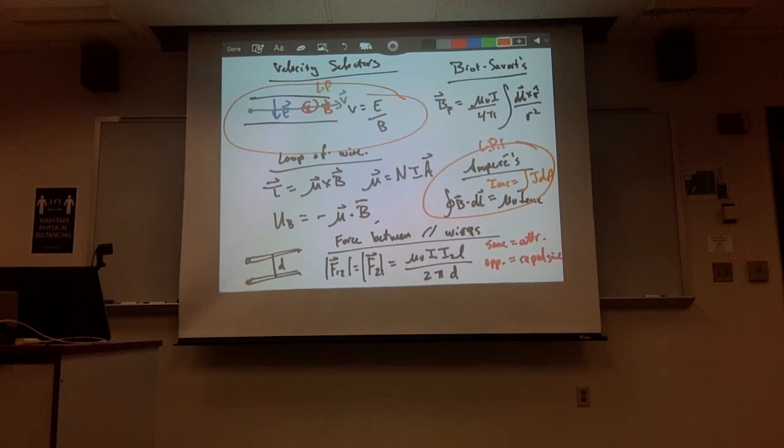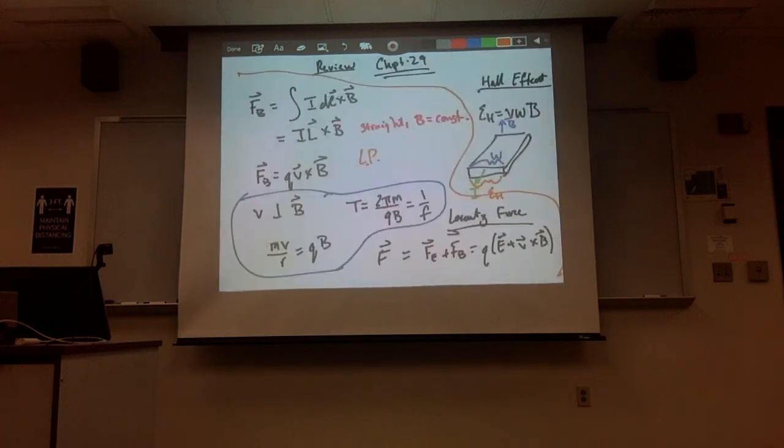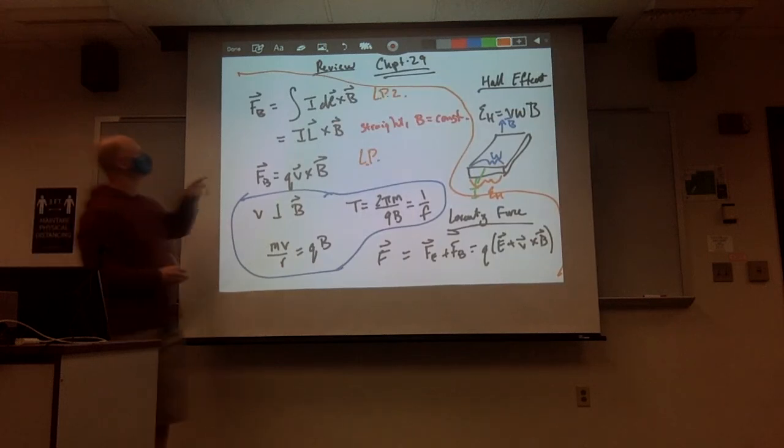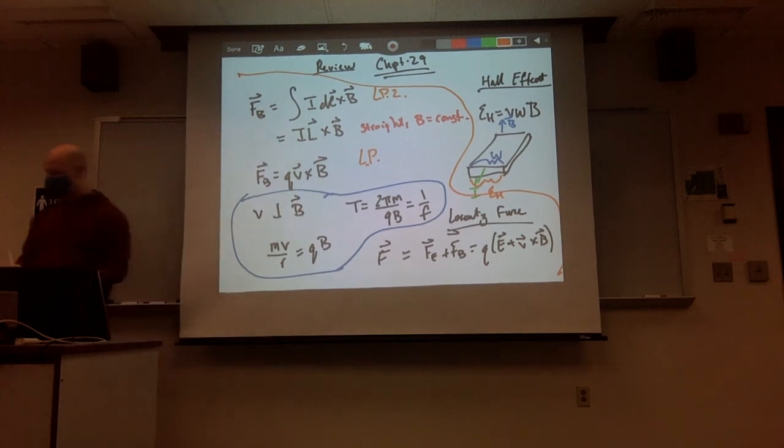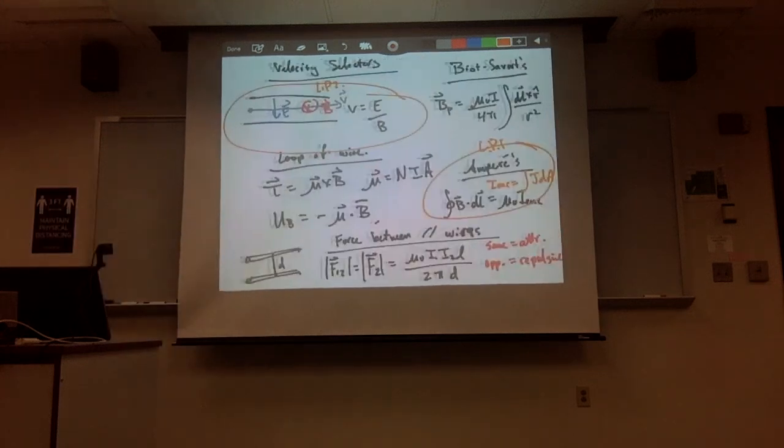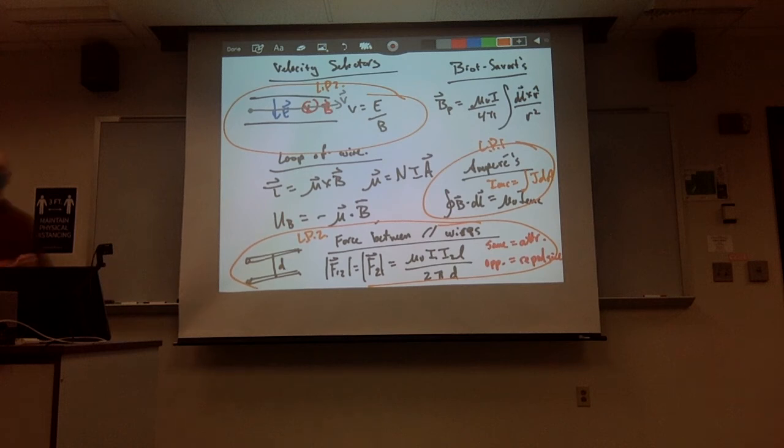So this would be part of long problem number 2 if it had to deal with the force on a charged particle. But if it's a force on a wire, then this would be important, as well as this. It would also be part of long problem number 2 if it was a force on a wire, because in this case I'm going to have force between parallel wires and things like that.